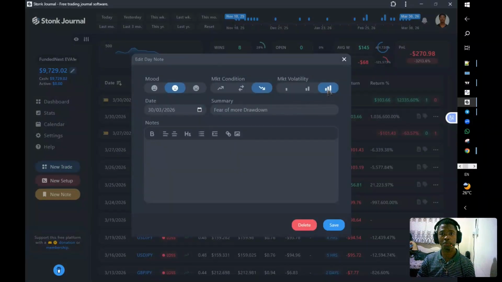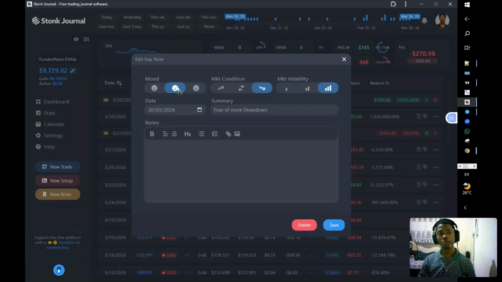The volatility of the market was very high. There was news on Euro USD. For GBP USD and USD JPY, we tried to buy, and it was a loss. Euro USD, GBP USD, and USD JPY were in a downtrend.